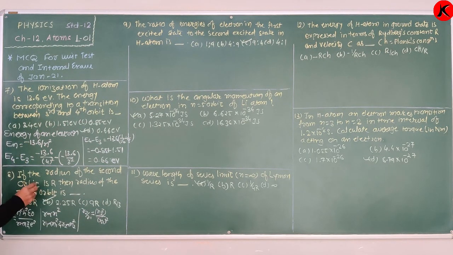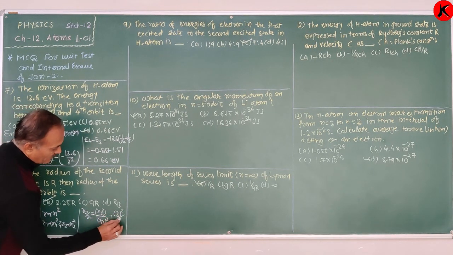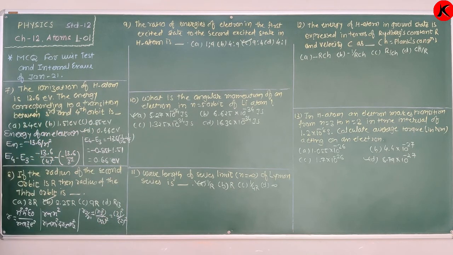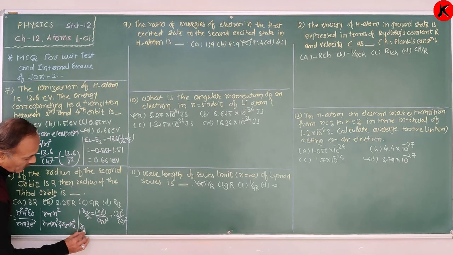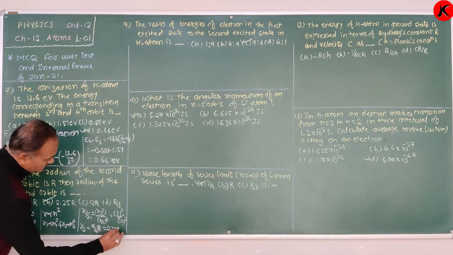Now here the second orbit radius is r, given. In third orbit we have to find out. Therefore, 3 square upon 2 square, therefore 9 by 4 r. Therefore R2 is equal to 9 by 4 r, that means 2.25 r.